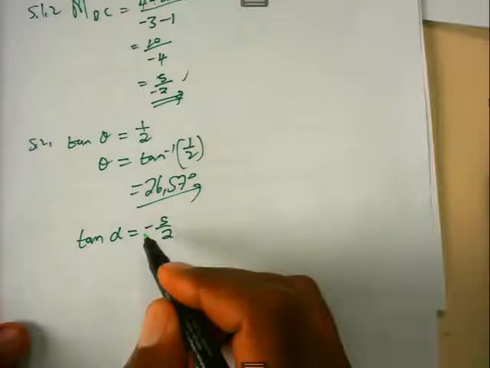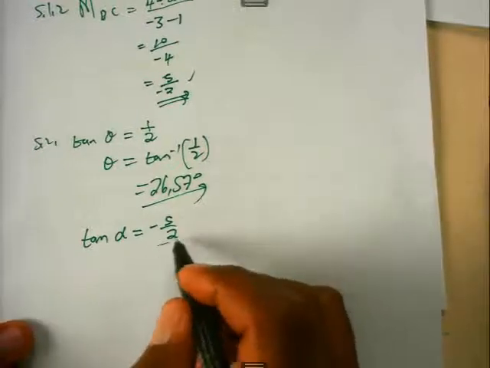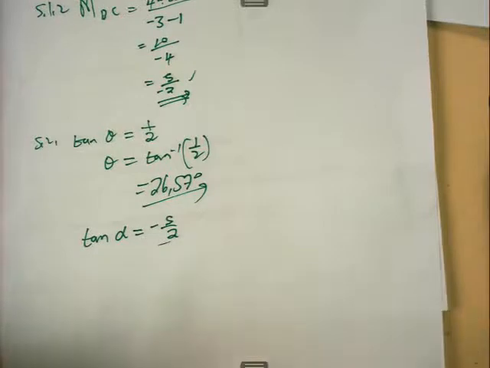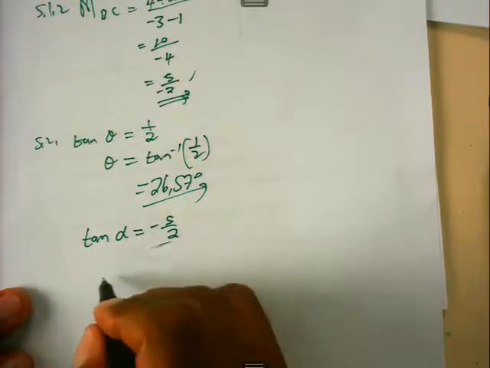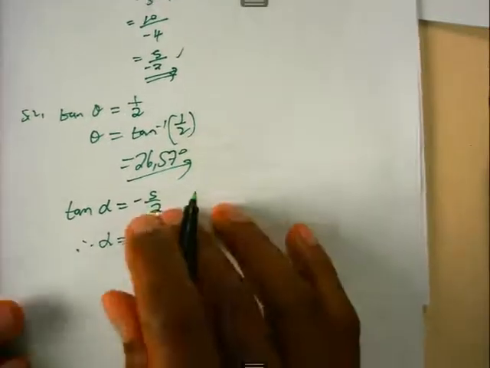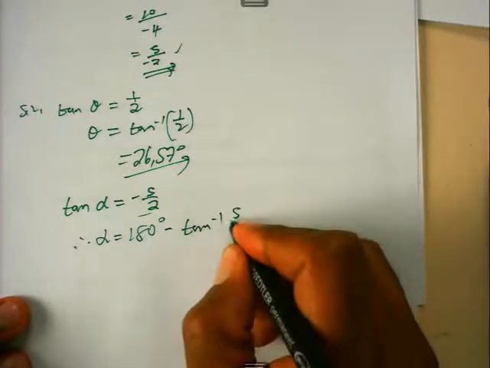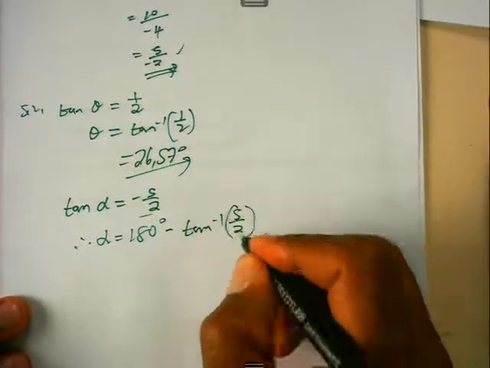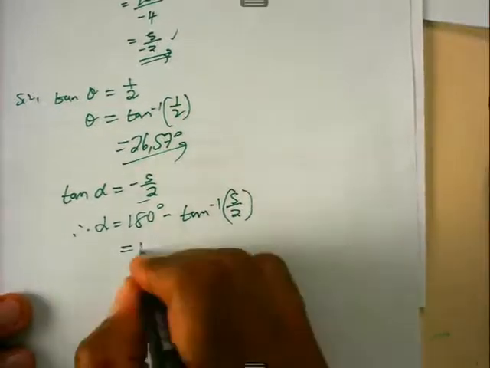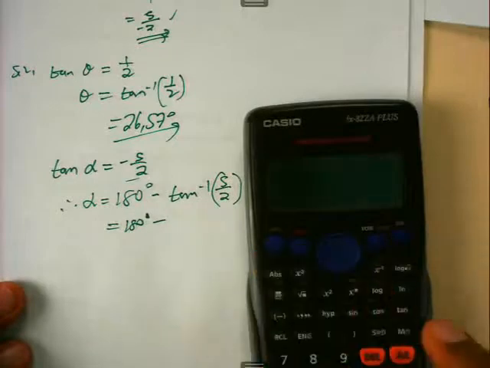Of course, now, look at the gradient. If the gradient is negative, it means this angle here must be more than 90. Therefore, alpha here is equal to 180 degrees minus the inverse tan of 5 divided by 2.